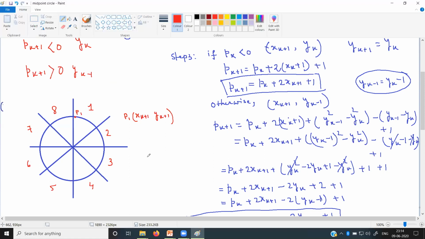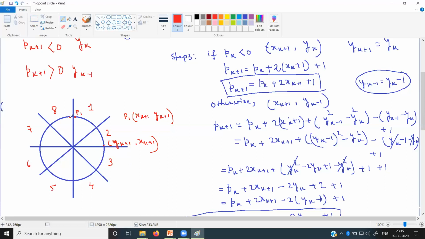So if it is xk plus 1 and yk plus 1 for octant 1, then for octant 2 in the same quadrant, the point will be just reversed. It will be y of k plus 1 and x of k plus 1. Now, as I got these 2 points, definitely I can compute the next one, the mirror image.